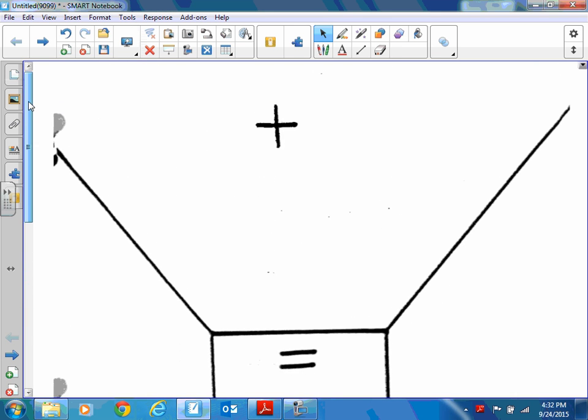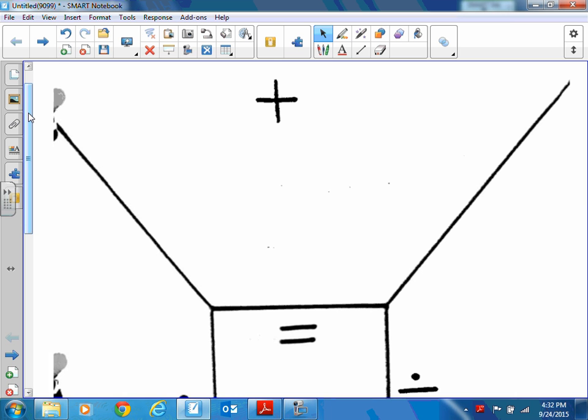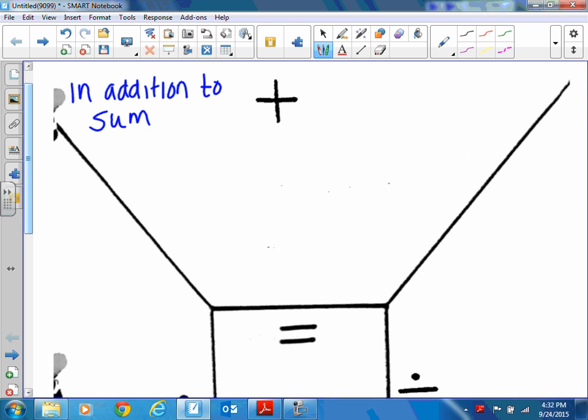plus. So we're going to talk about and write down all different words that can translate to meaning plus. So first, we have in addition to. We have some. Also, you might hear increased by. Also, in all. Total.